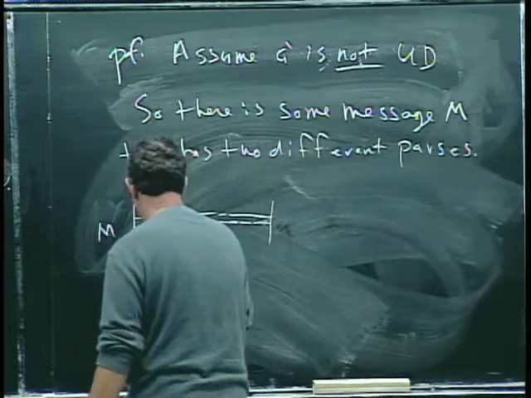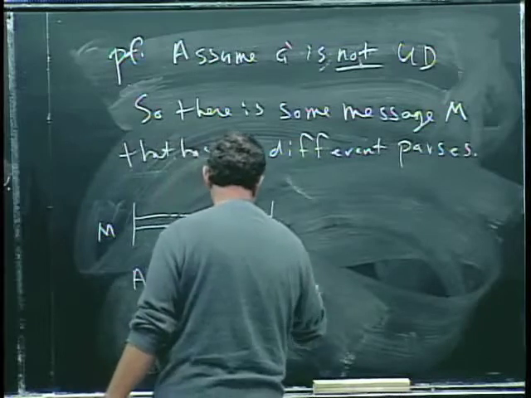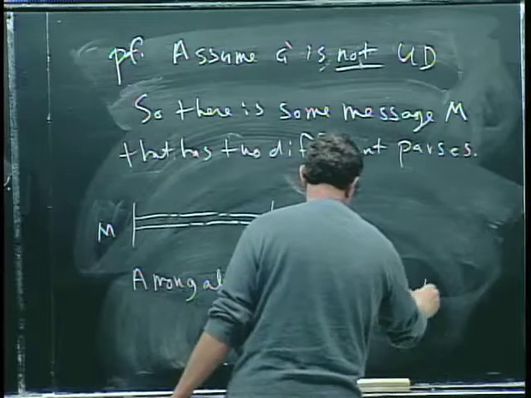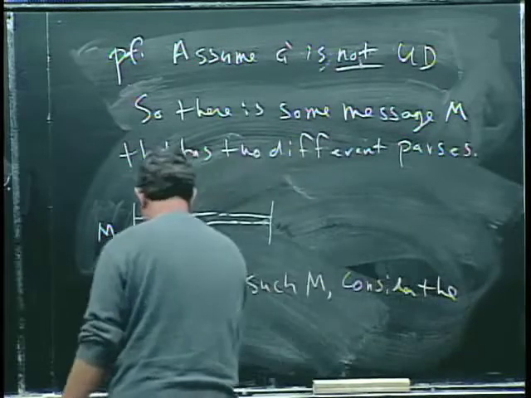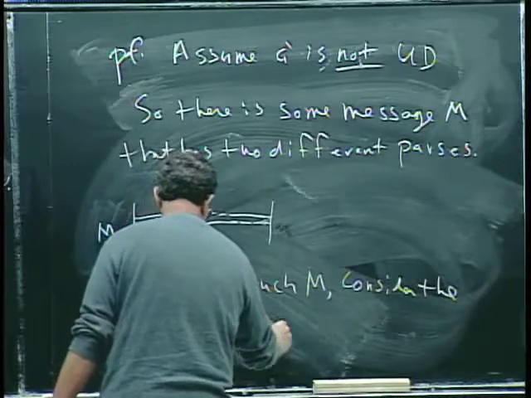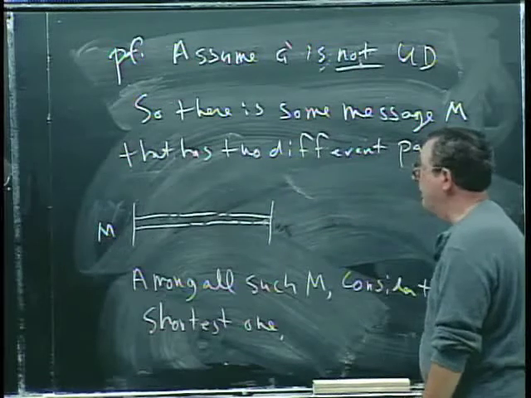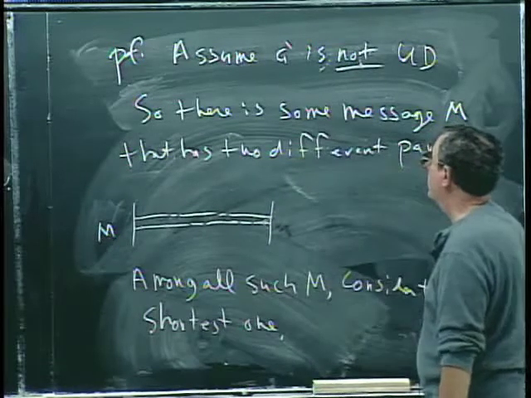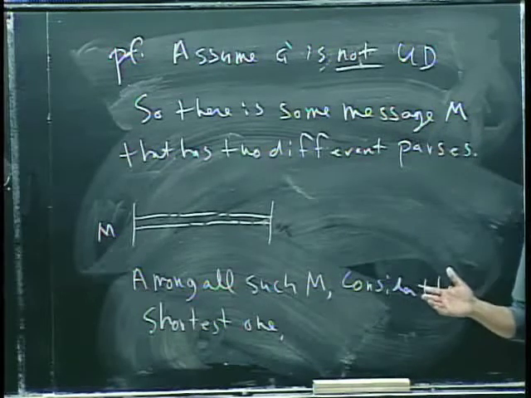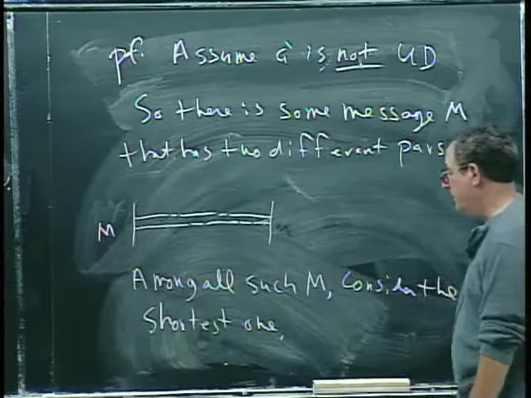Among all such M, consider the shortest one. If the code is not uniquely decipherable, there may be many messages that are not uniquely decipherable, and all we need is one in the argument, and we're going to take the shortest one.